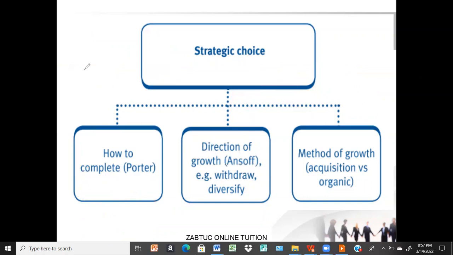How does it look? We've got products and markets. This is current, that's new.